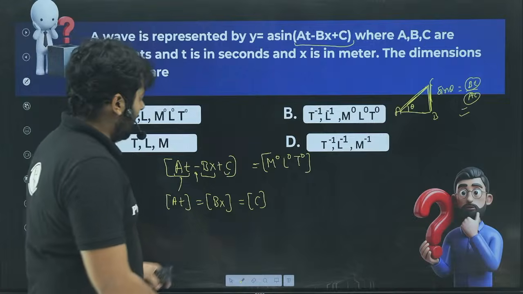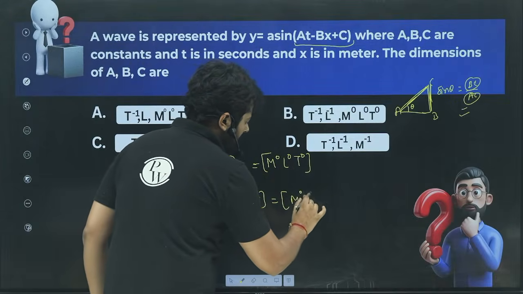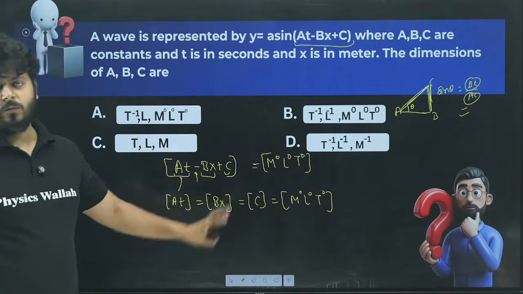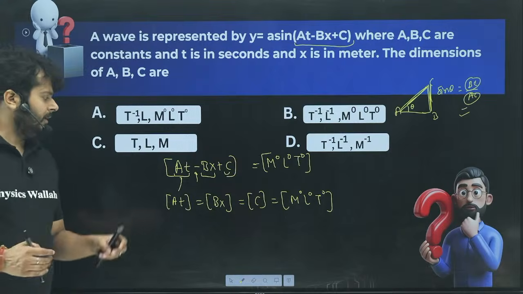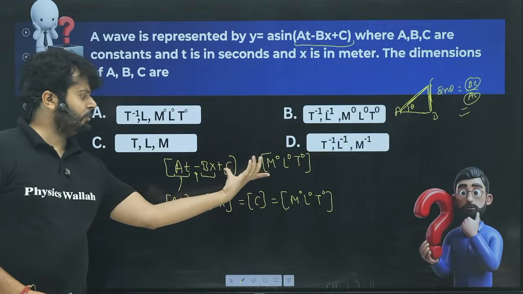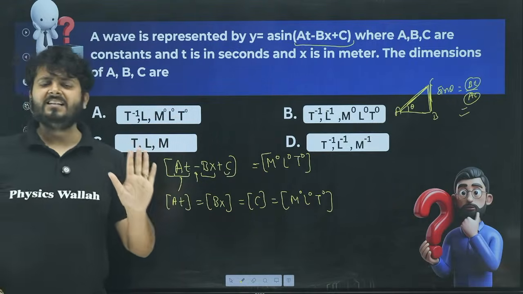Yes or no? And this is the same as the dimension of M0, L0, T0. Yes or no? Because there is an equals to sign over here. Can I say that if two things are separated by a minus sign, plus sign, equals to sign, greater or less than, then they all should carry the same dimension?